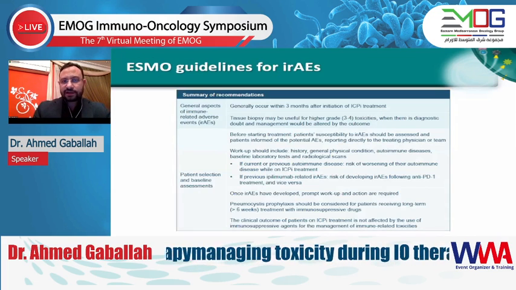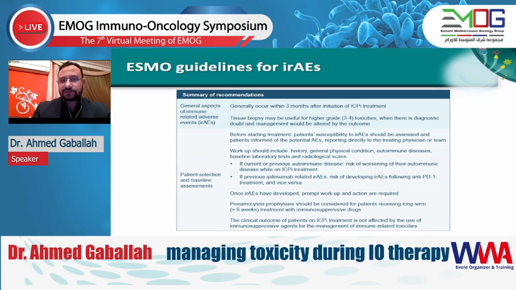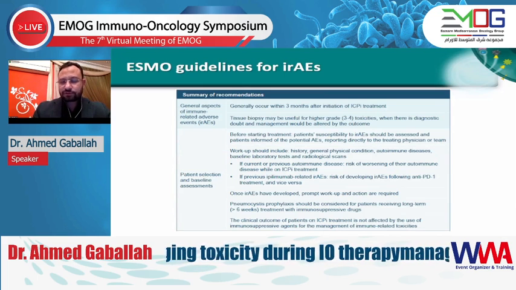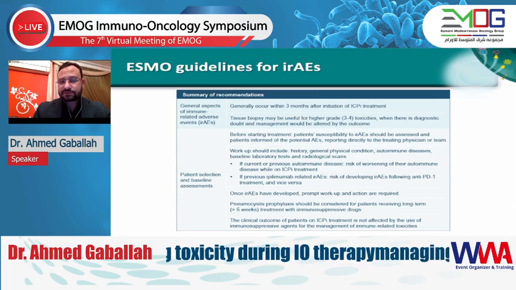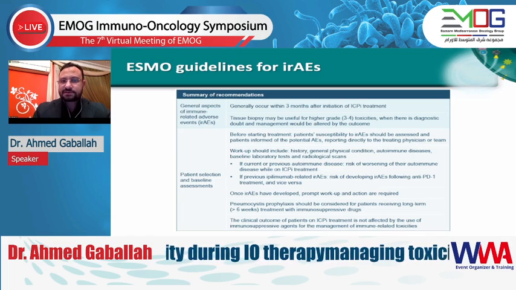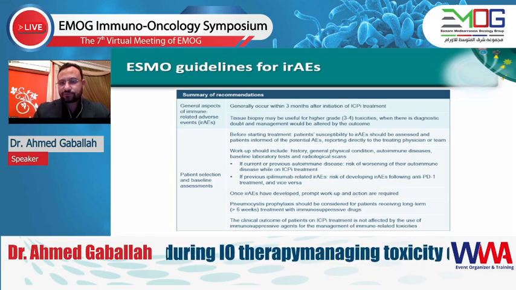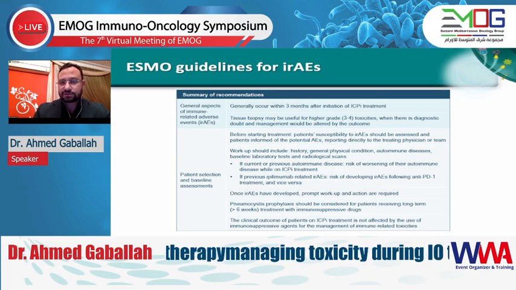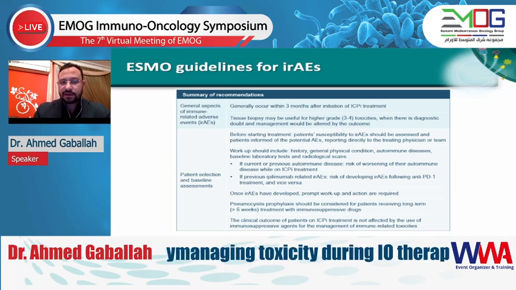We have the ESMO guidelines for treating the immune-related adverse events. As we said, most of the patients experience this within the first 3 months of treatment. Sometimes in extreme cases, high grade toxicities, grade 3 and 4, biopsies from the organ may be needed to confirm the diagnosis of immune-related adverse event, and that it is not another disease.